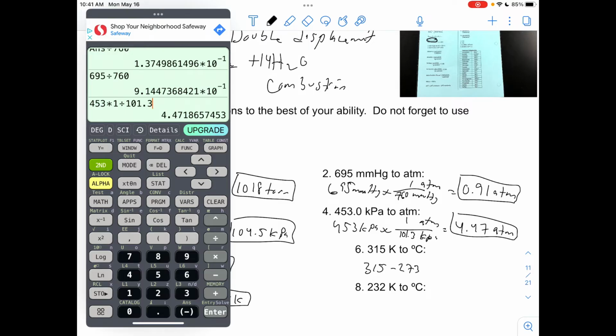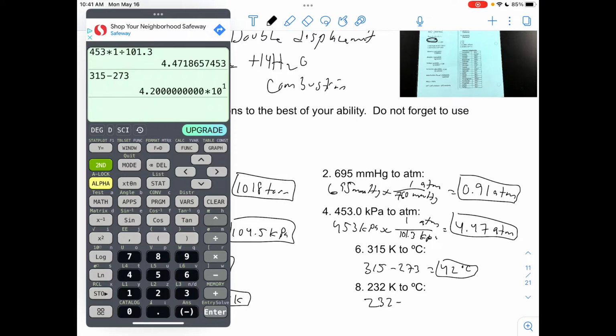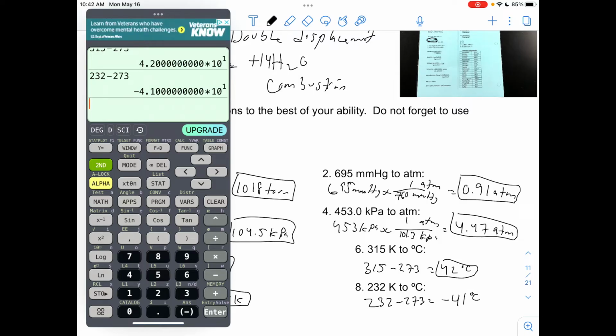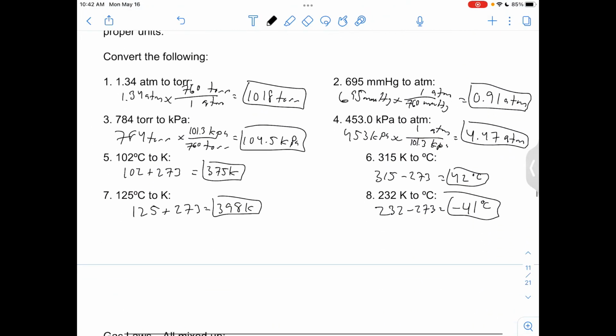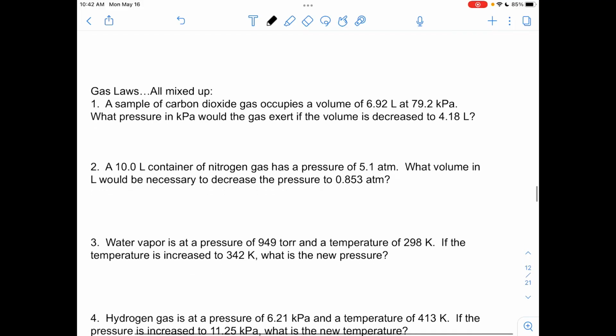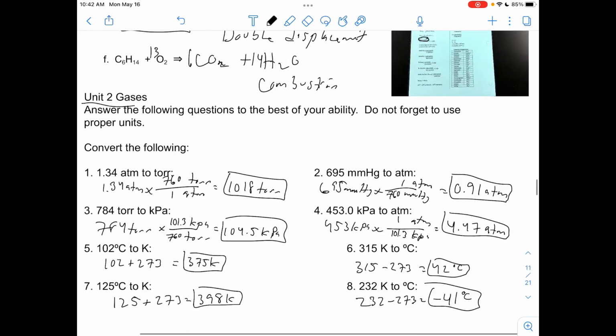Okay, and then going backwards from Kelvin to Celsius. 350 minus 273, 42 Celsius. Remember that Celsius can be negative, but Kelvin cannot. 41. Okay, Kelvin, Lord Kelvin developed his scale so that there wouldn't be any negative numbers.